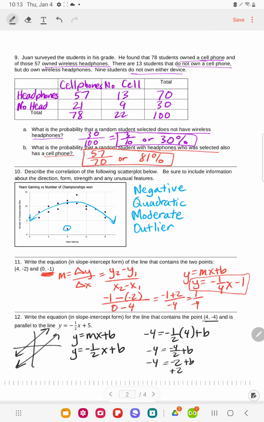Then we add 2 on both sides, and we get b is equal to -4 plus 2, which is -2. So our line that is parallel is going to be y equals -1/2 x minus 2. Same slope, different y-intercept: +5 in the original equation, and -2 for our second equation.